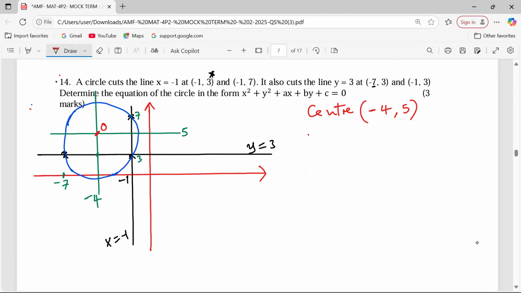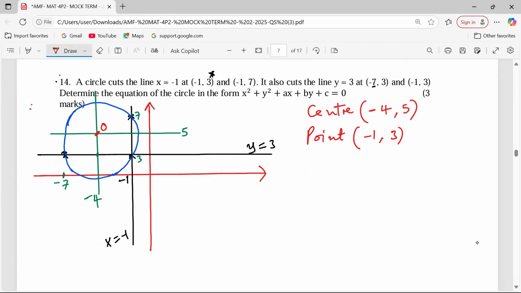So it is passing through point -1, 3. With that, we can find the radius by looking at the length of the vector.